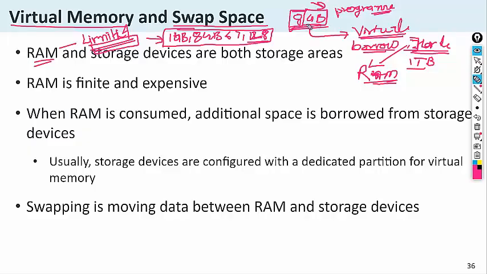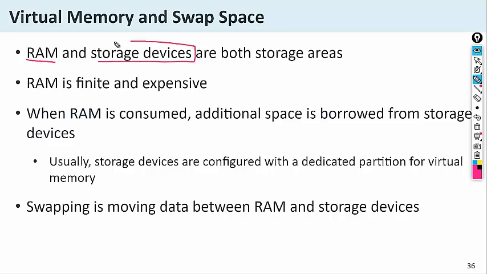Whenever any application, file or process exceeds its size or requires more RAM, some data is shifted into the virtual memory or virtual RAM, which is also known as swap space. It is called swap.